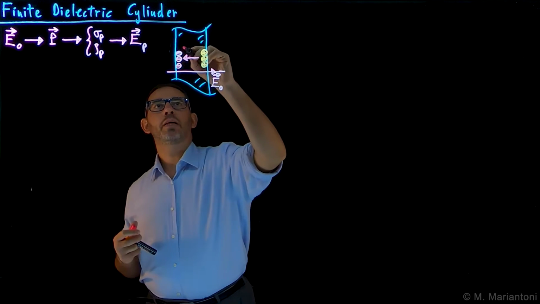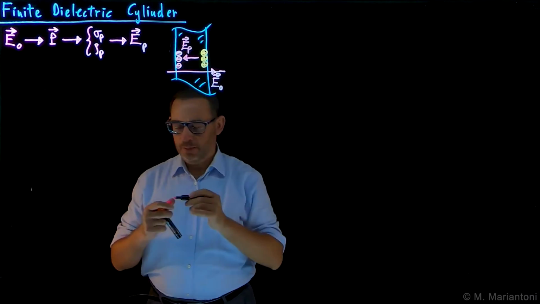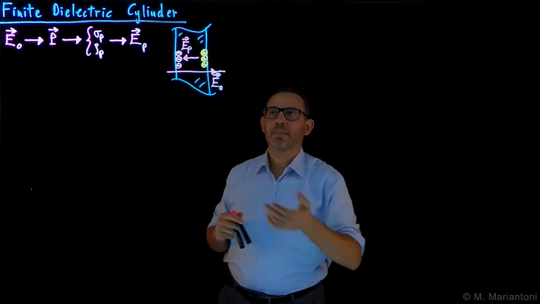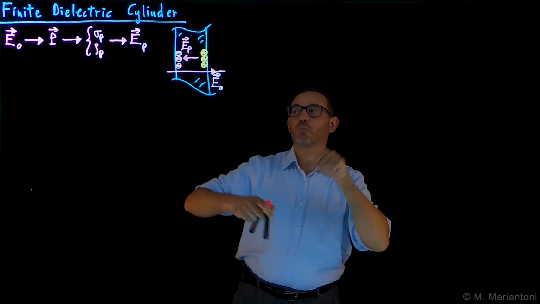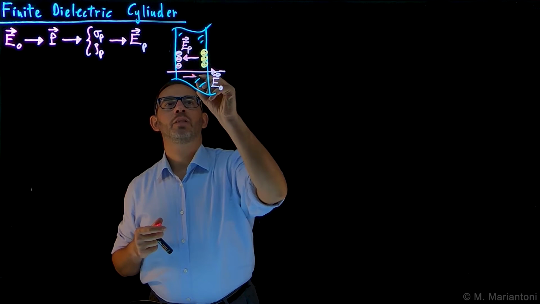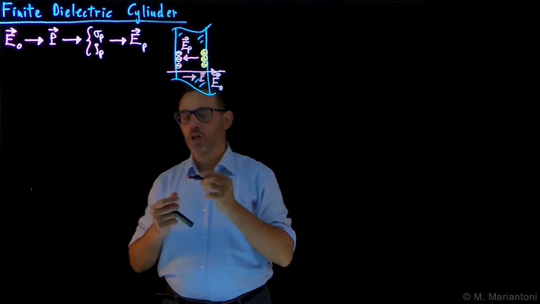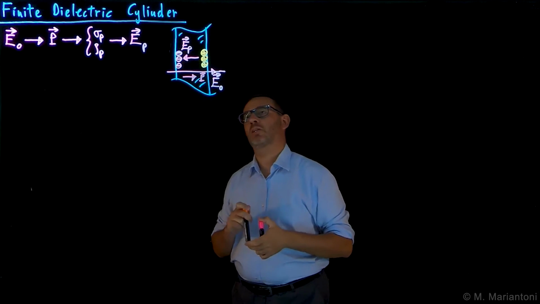In this case, we call it EP, the polarization or depolarizing field. It's depolarizing because it's opposite with respect to E naught, which is what generates P. Because P, of course, resides only within the dielectric material and is directed as E naught. This is my P polarization vector.